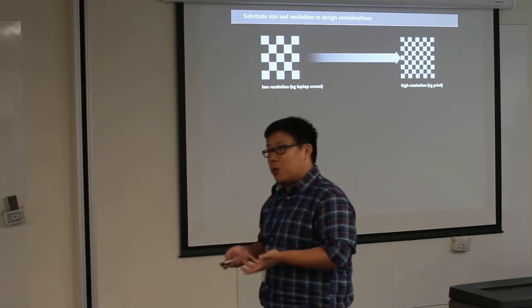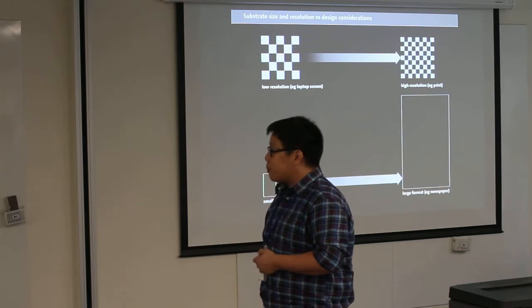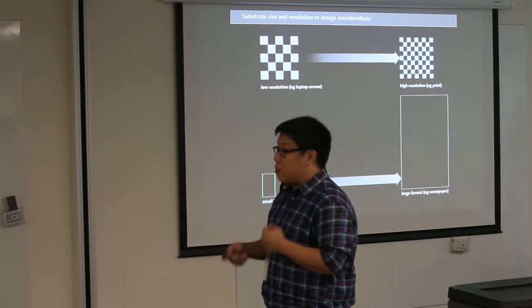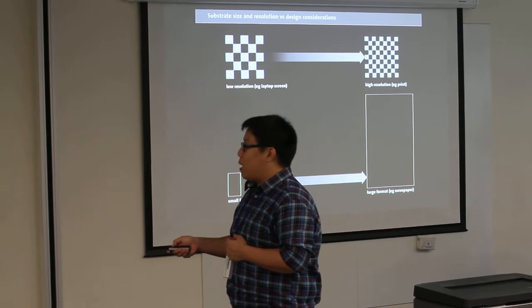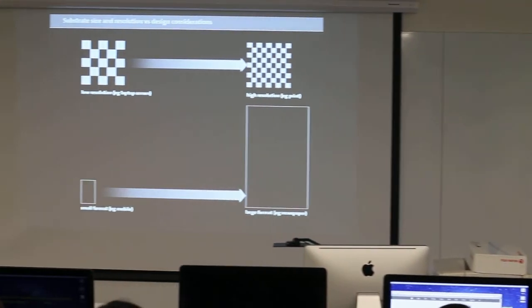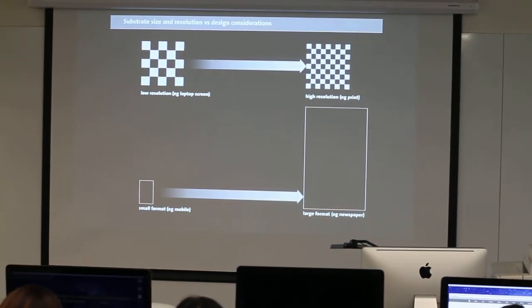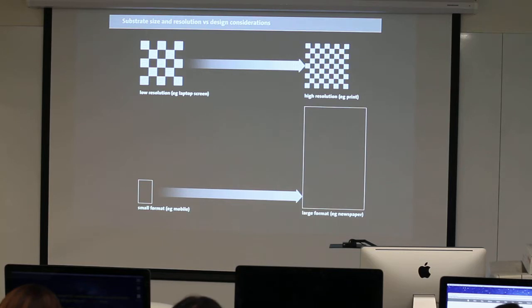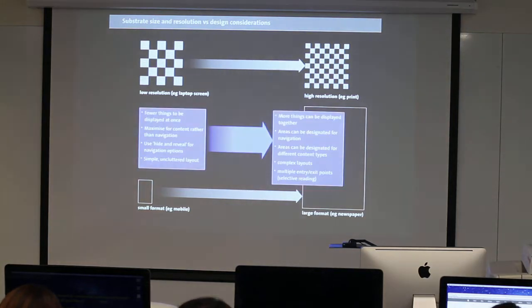So that affects how you design things with typography. And format, so size and resolution, from a mobile device that's maybe 3.5 inches diagonal to a large format broadsheet newspaper. How do you shape the attentions of the readers? Very different for these different environments.